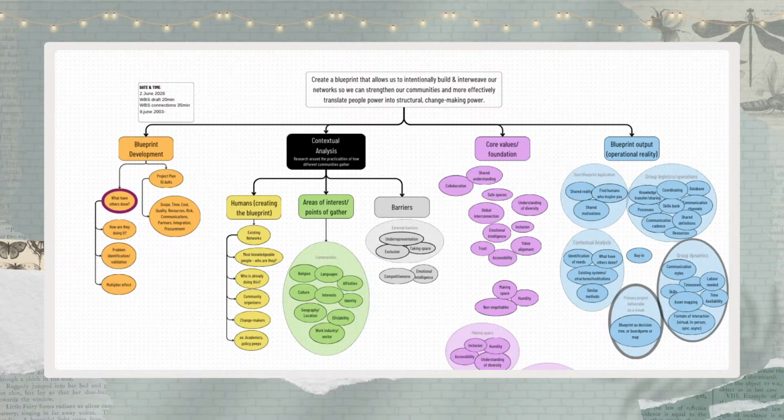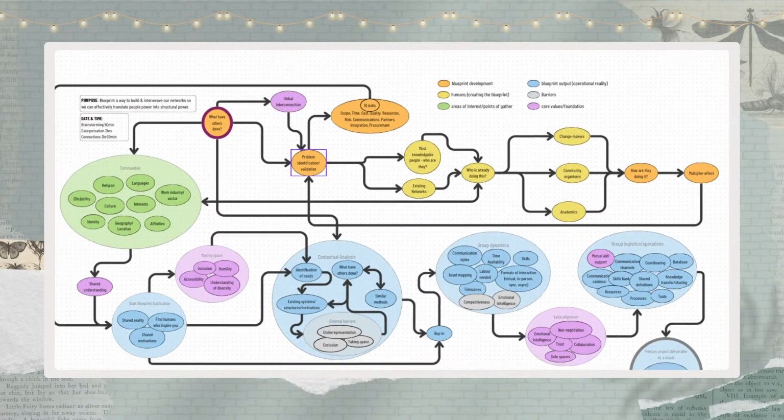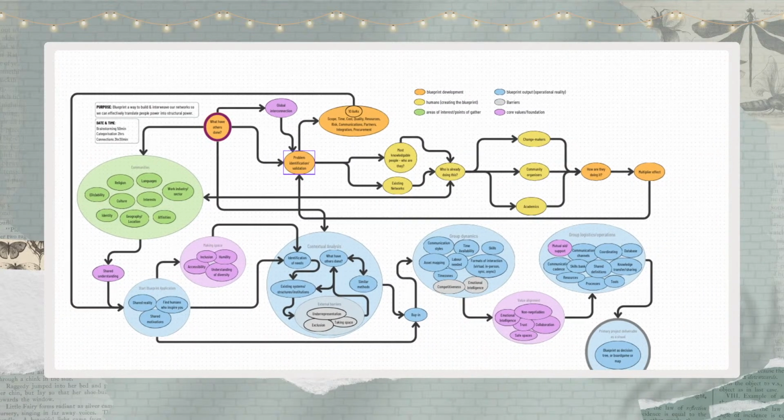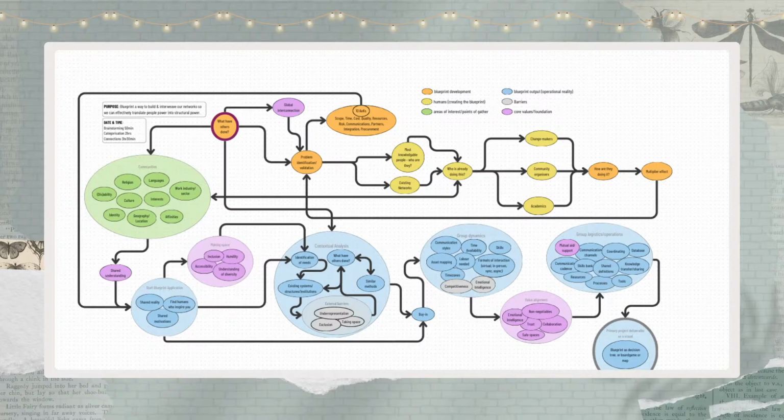I don't know if you can see the map on the left side. I'm going to bring it up on the screen. Okay. So essentially the bottom becomes the application of the blueprint itself.